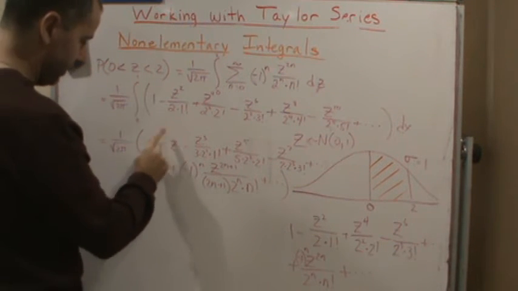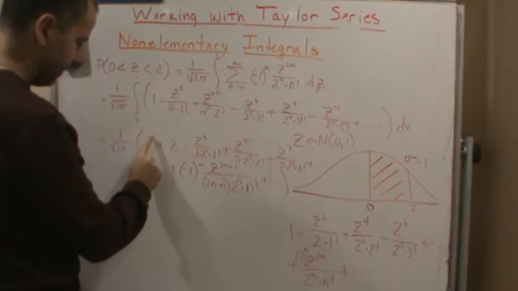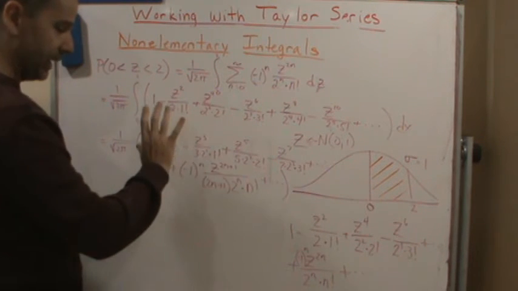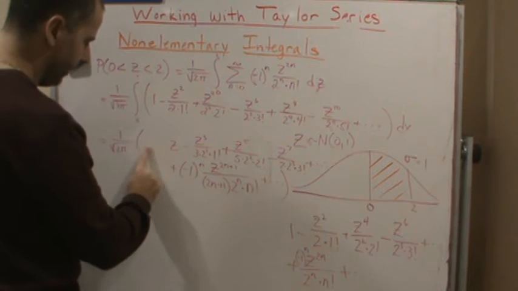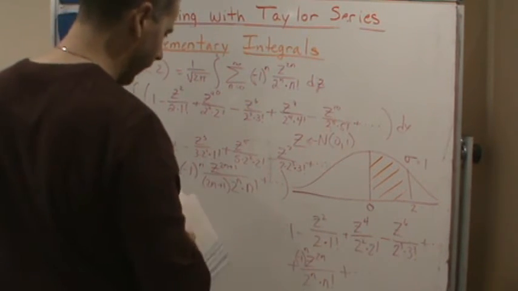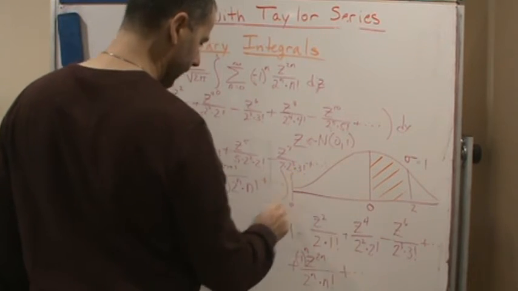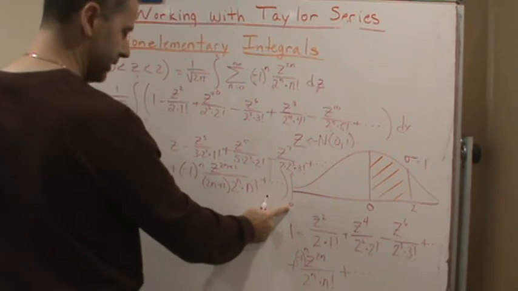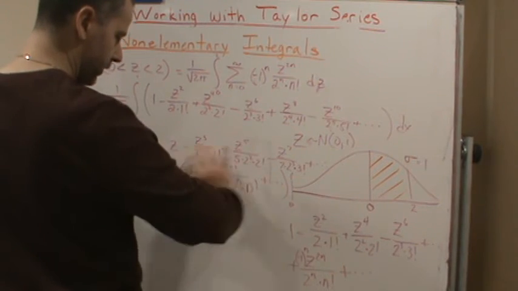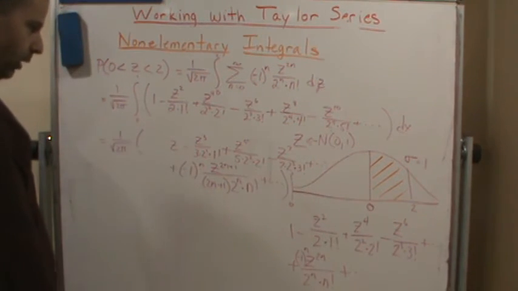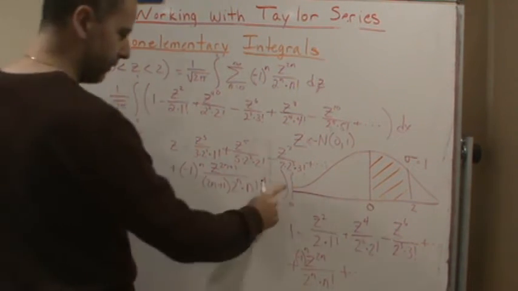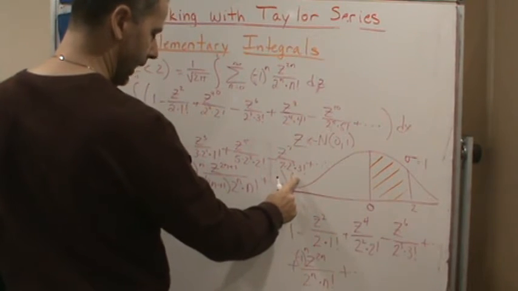We're not going to have the c here because that's for an indefinite integral. So we're evaluating this integral from 0 to 1. Now the cool thing is because we're dealing with 0, all of these terms go to 0, so we don't have to do anything there. The only thing we have to do is evaluate this at 1.